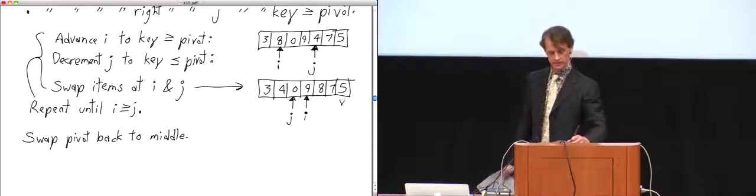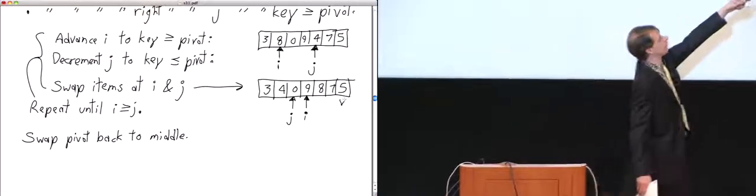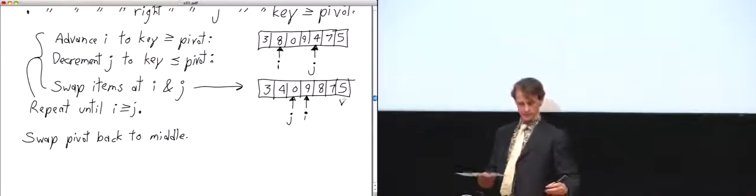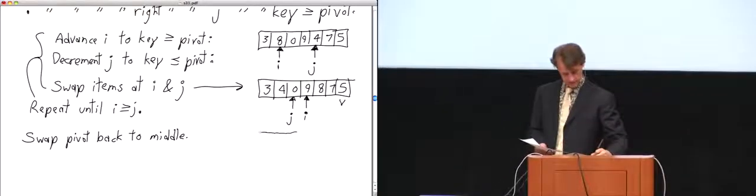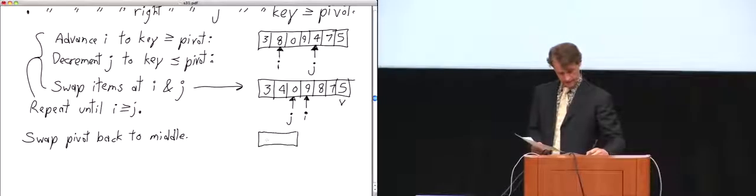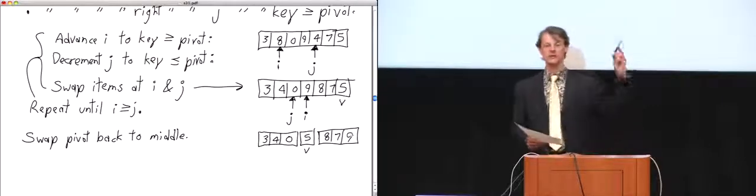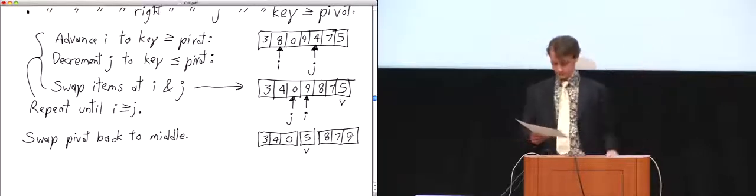Remember, the pivot is this 5 over here on the far right. I'm going to swap it with i, and that gets the pivot back between the keys that are less than the pivot and the keys that are greater than the pivot. I accomplish that by swapping the 5 with the 9.